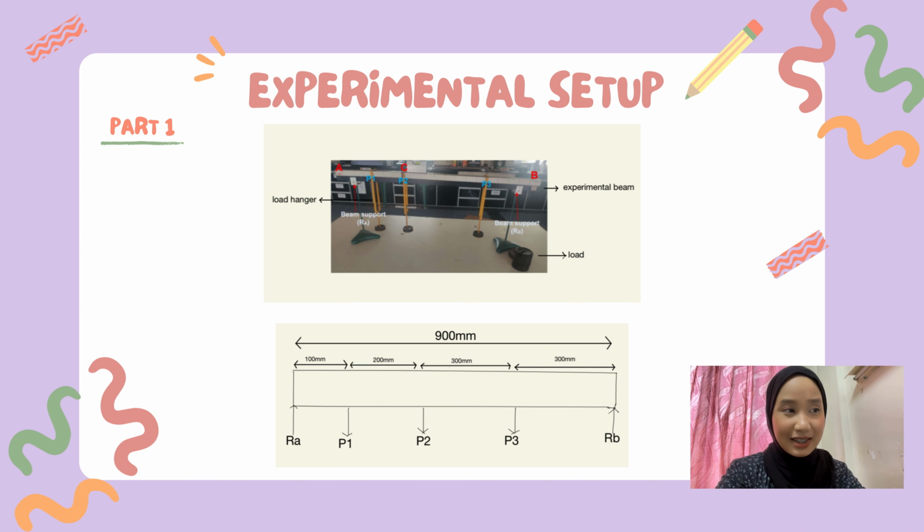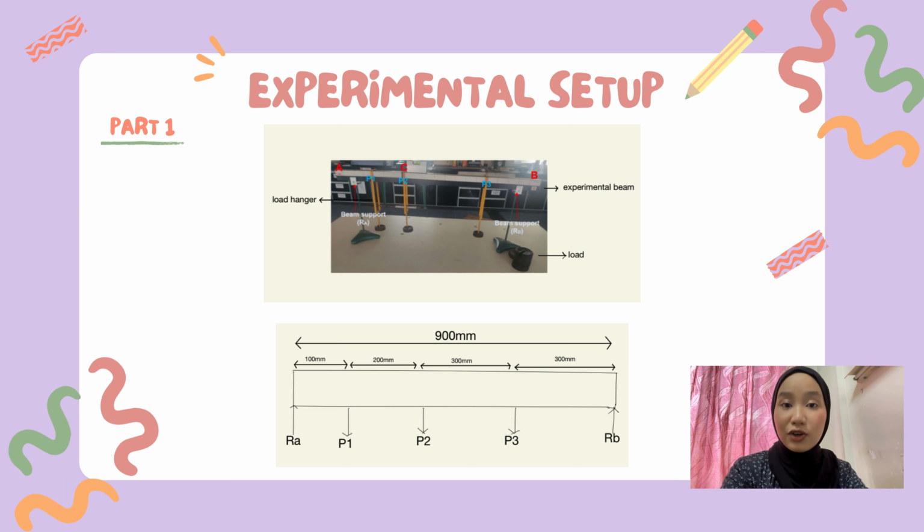Between P1 and P2, we have a spring balance. For this experiment, we will adjust P1 200 millimeter away from P2, as we know that P2 is fixed, and then P3 will be adjusted 300 millimeter from P2.